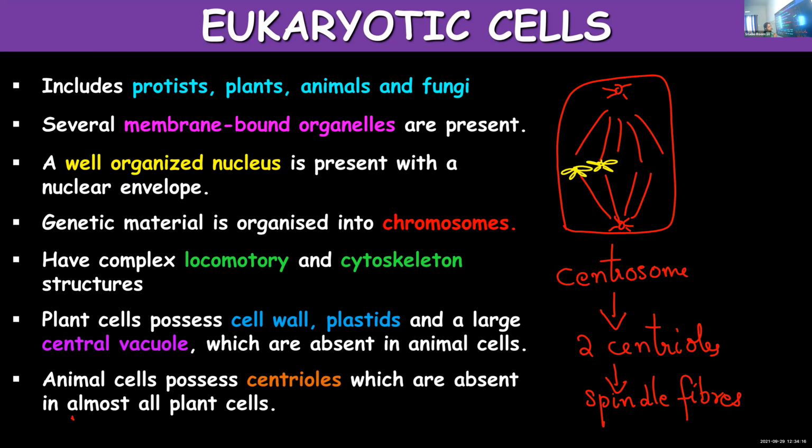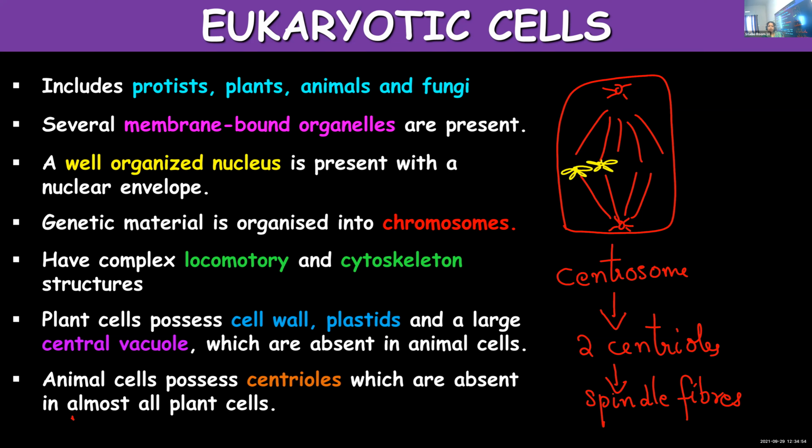So these spindle fibers help in the alignment of chromosomes at the time of cell division. There are centrosomes in animal cells which contain two centrioles each, and these centrioles play an important role in cell division. They help in producing spindle fibers, which are necessary for the alignment of chromosomes. You will learn the details when you study cell division, but these centrioles are absent in plant cells and present in animal cells.